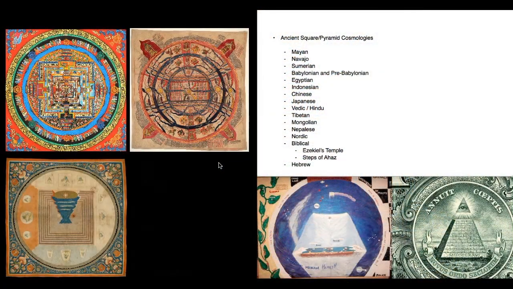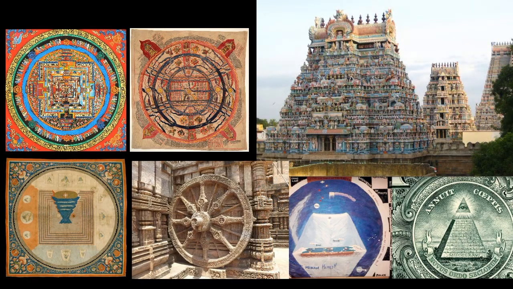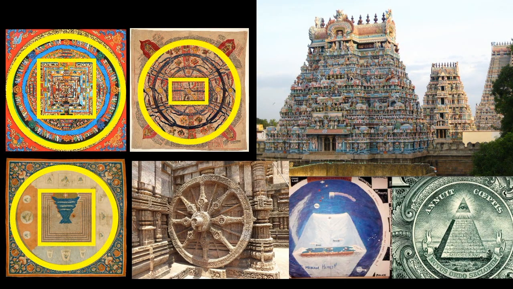Vedic and Hindu cosmologies are very similar. And as you can see from the Kala chakras, there's a square within a circle.